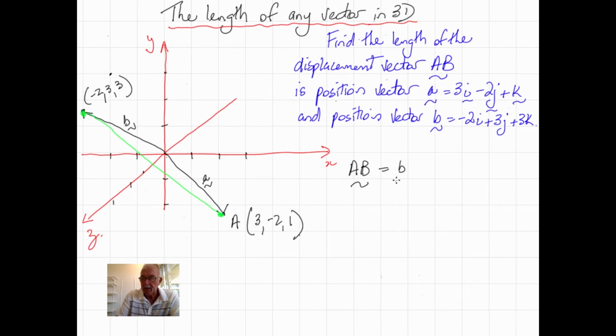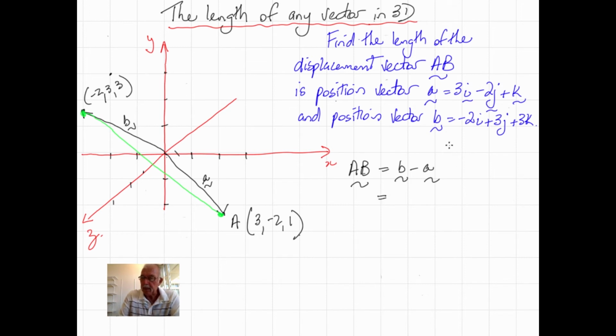So it'll be position vector B minus position vector A. Going back to triangulation, you know that A plus AB will give me vector B. So we can actually just transpose that and get AB is equal to B minus A. Or another way to remember it is that AB is just the second one minus the first one.